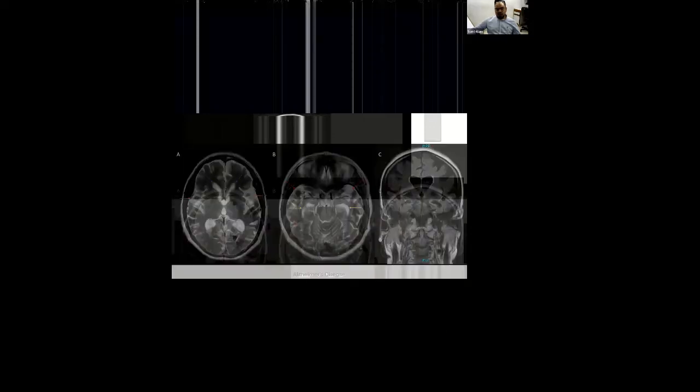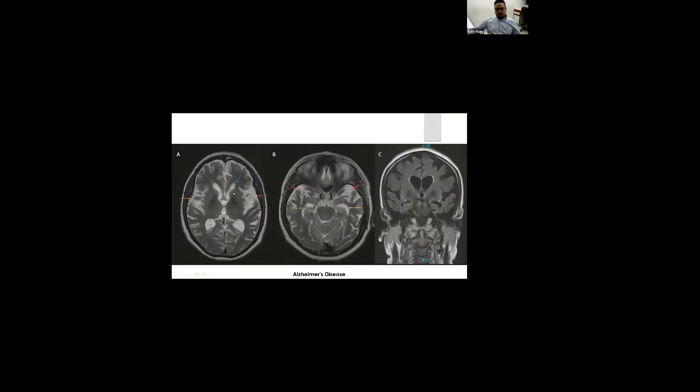Another condition which I wanted to add is Alzheimer's disease. In Alzheimer's, you would see prominence of the ventricular system and sulci, as you can see here, quite similar to NPH on the axial sections. Whereas on these axial temporal sections, you can see significant atrophy of the temporal lobes bilaterally, with significant prominence of the temporal horns of the lateral ventricles.